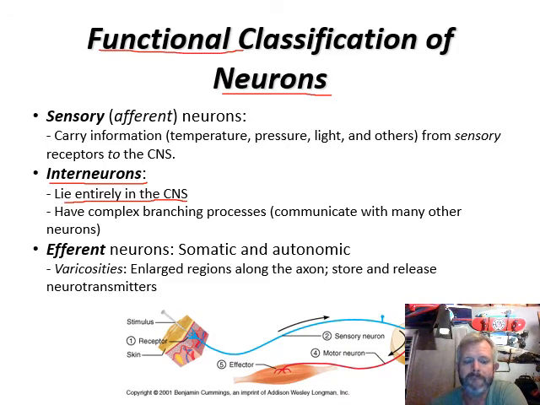And then the efferent neurons. We have the somatic, which go out to the skeletal muscle to control muscle contraction, and we have the autonomic, which go out to the cardiac muscle and the smooth muscle. All those things that are controlled without our conscious thought are handled by the autonomic neurons.